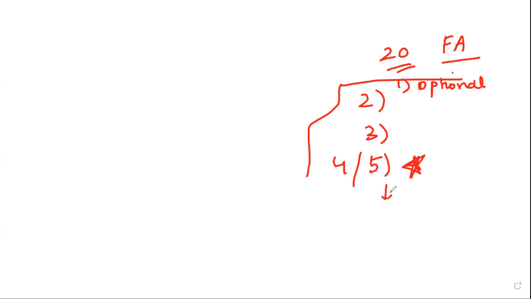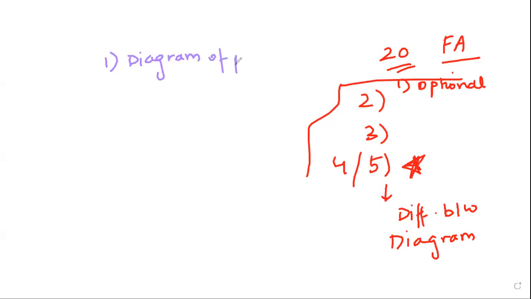And like I said yesterday, usually the 5 marker questions are difference between questions. In cell you will get a diagram: draw a diagram of a plant cell or animal cell.